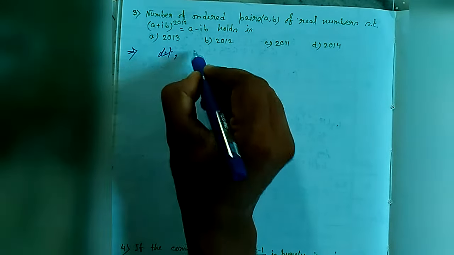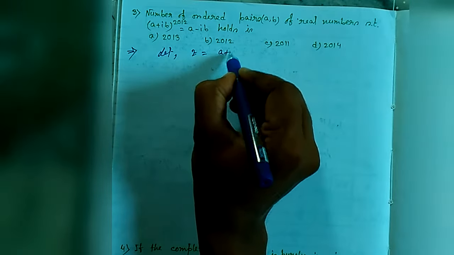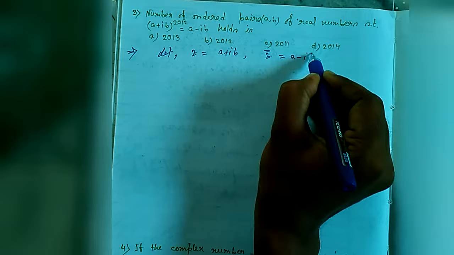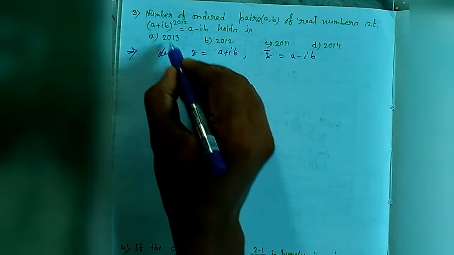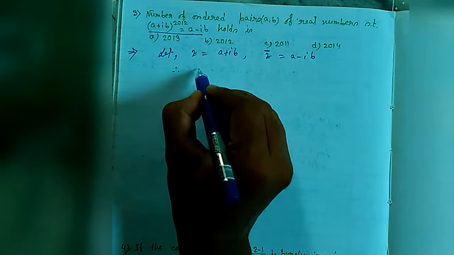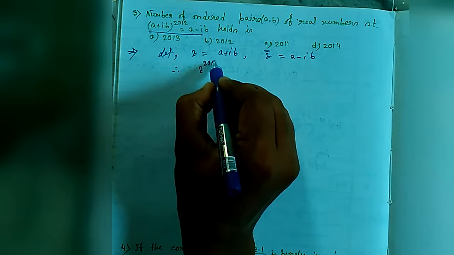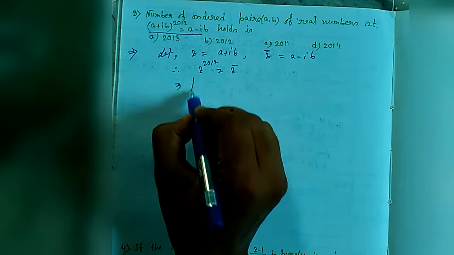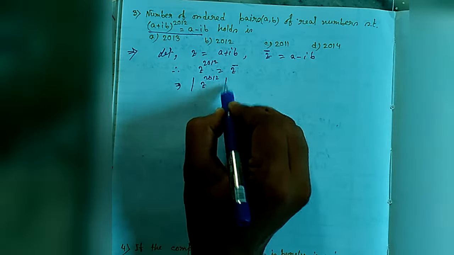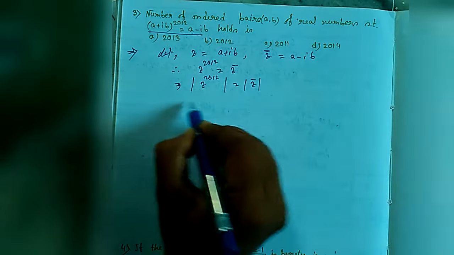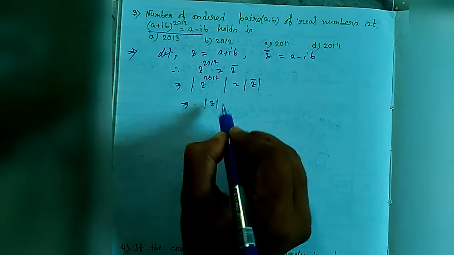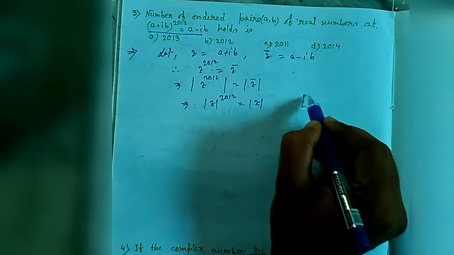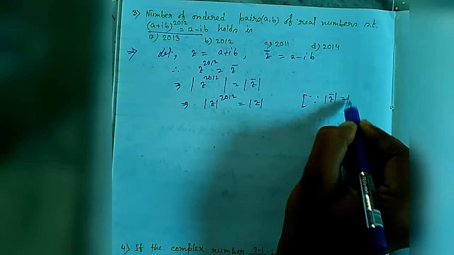Let z equal to a plus ib. Therefore, what is z bar? z bar will be a minus ib. So from this condition we can write z to the power 2012 equal to z bar. If we take modulus both sides, mod z to the power 2012 equal to mod z, as we know modulus of z bar equal to mod z.